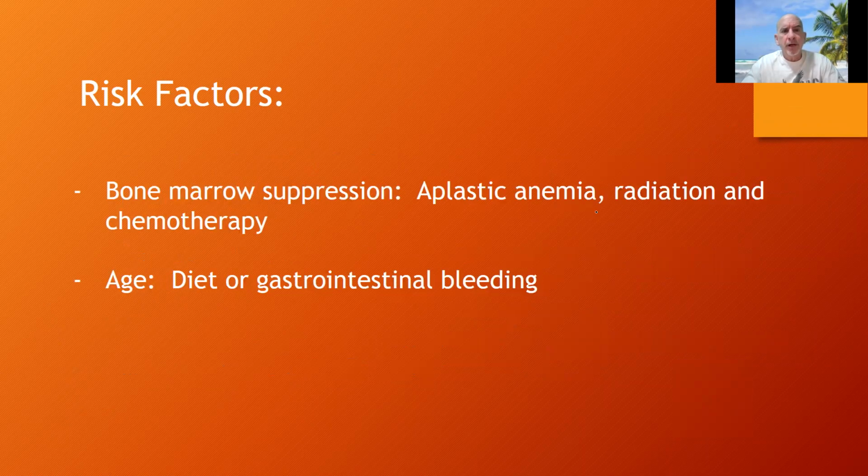Here are some other risk factors. In the same way that kidney failure can prevent you from manufacturing an adequate number of red blood cells, so can chemotherapy or certain types of cancer. Aplastic anemia is a cancer in the bone.